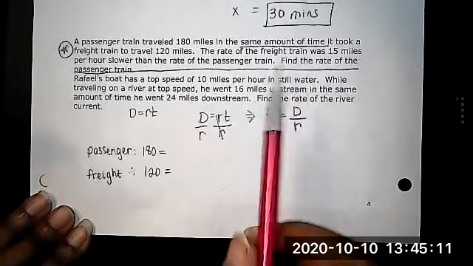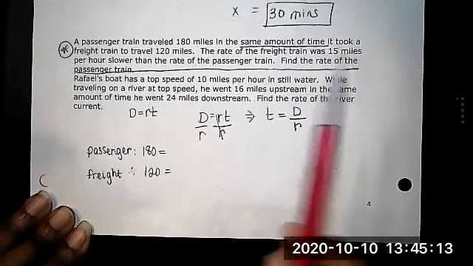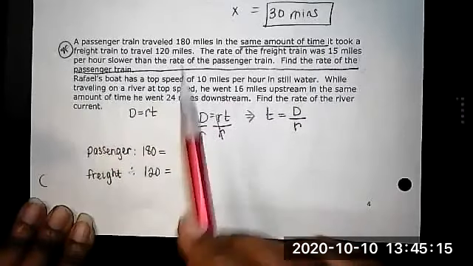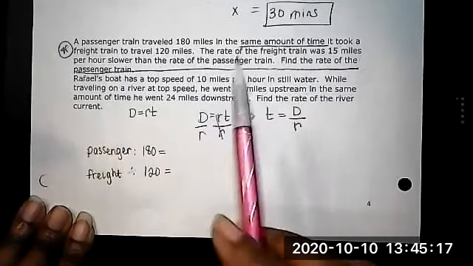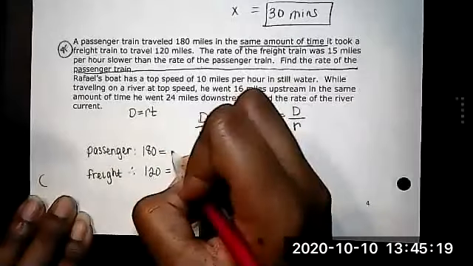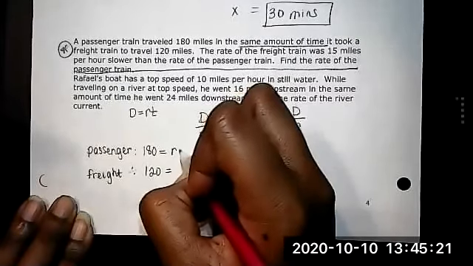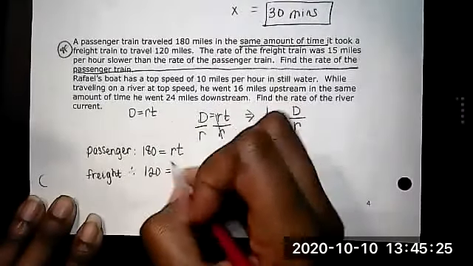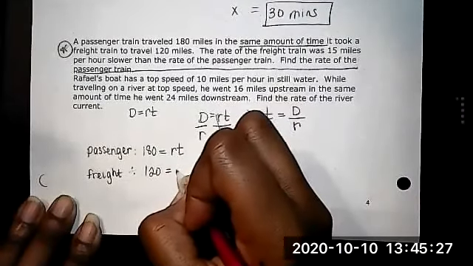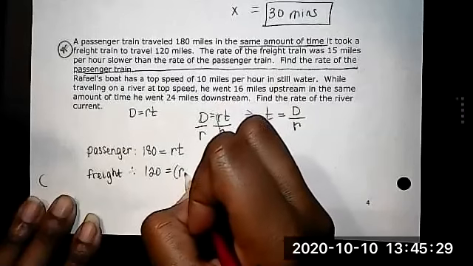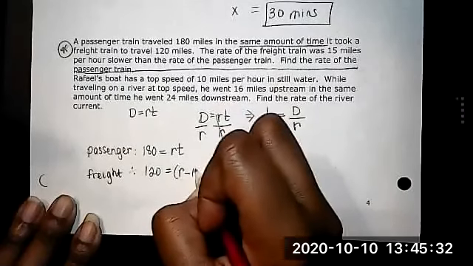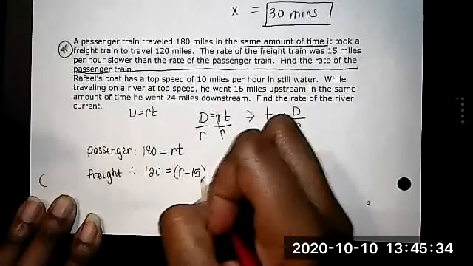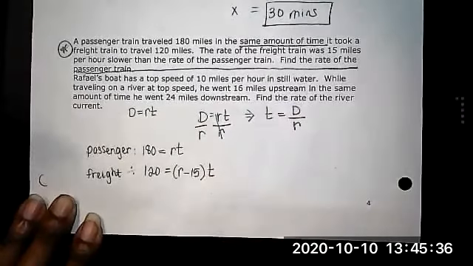The rate of the freight train was 15 miles per hour slower than the rate of the passenger train. So for the passenger train, we really don't know the rate, but we know that the freight train was whatever the rate was minus 15 miles per hour, and then times time. Good.